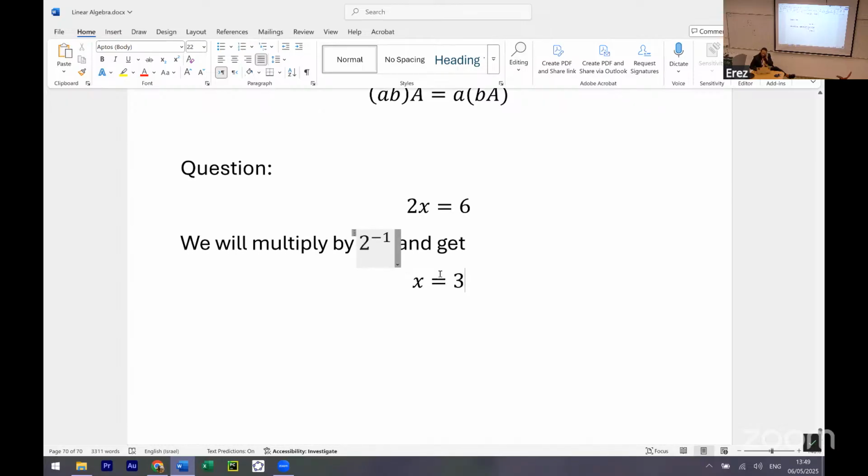Why do we get x equals 3? I'll show you with the matrices, with greater explanation, in a bit. But the main idea was, in order to divide by the coefficient, I must multiply by its inverse.